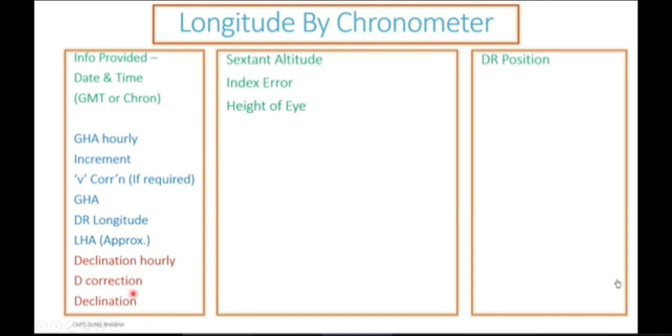We will also get the value of D correction from the daily page itself. And when we go into the increment table, we can find out the increment for the D correction for that particular minute which is given in the GMT. Once applied, it gives you the accurate declination of the body.